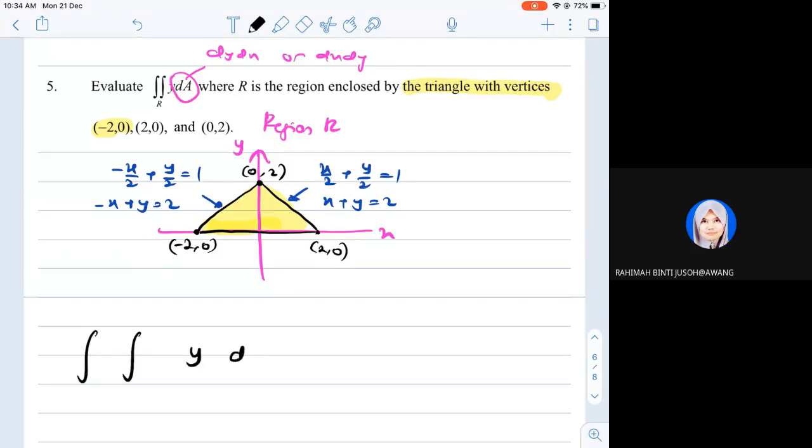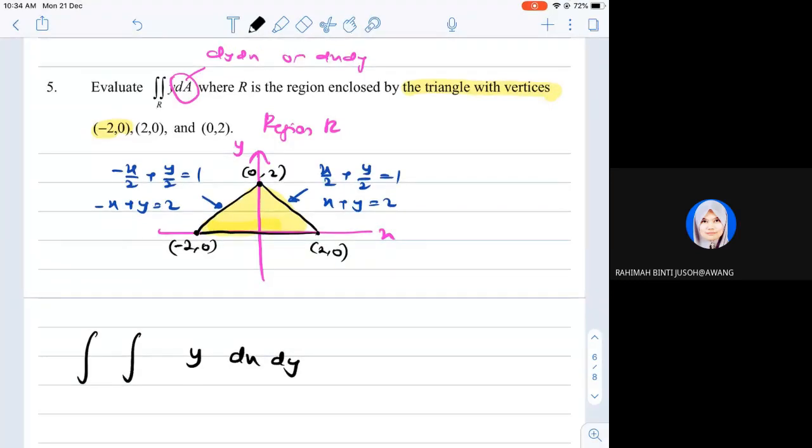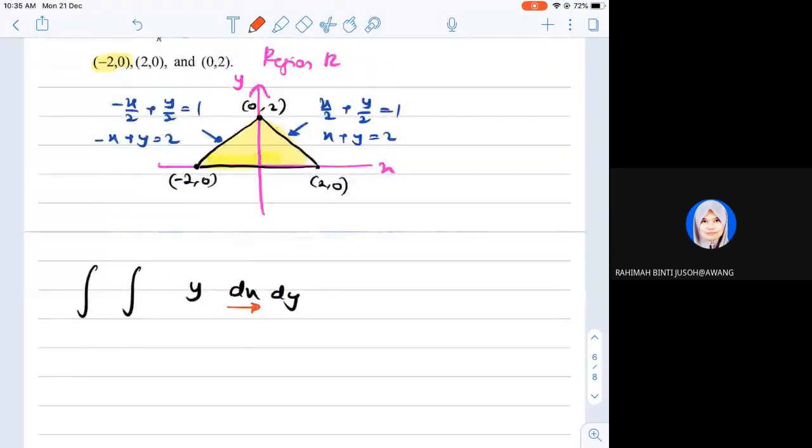So y dx dy. Okay, listen here carefully. When we have dx first, the movement should be from left to right. Okay, and the inner limit should be lines.